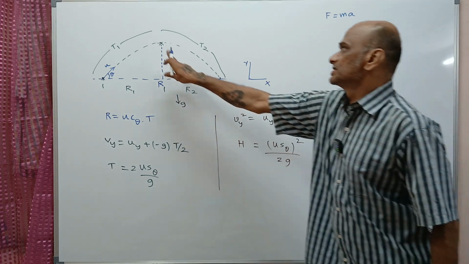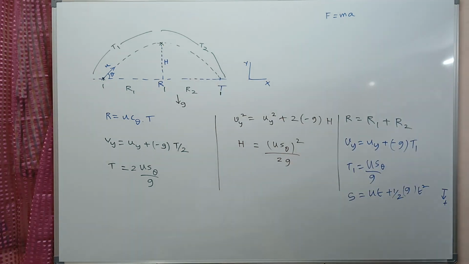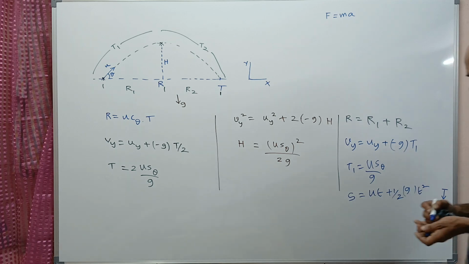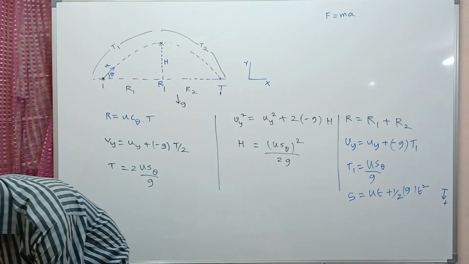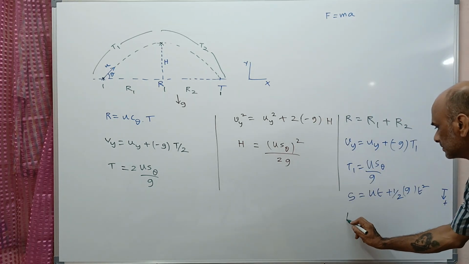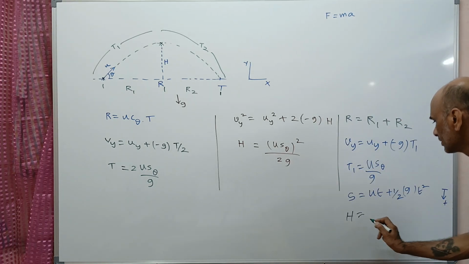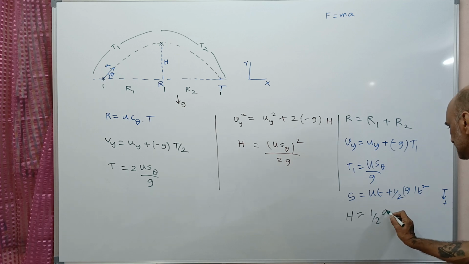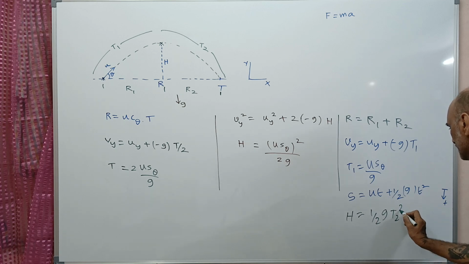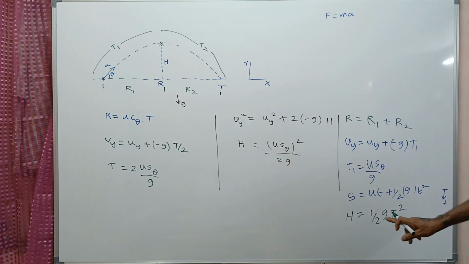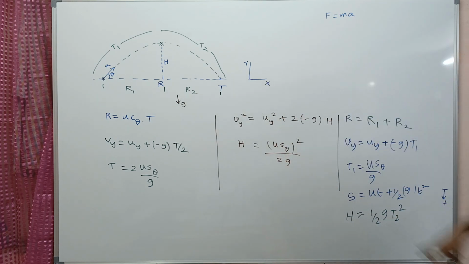U is the velocity at this point. This is my initial point for the second half. And s is plus H because downward direction is positive. So H equal to, u is 0, so this is half g T2 square. And H is the same as before, because for the first half I used this same relation.